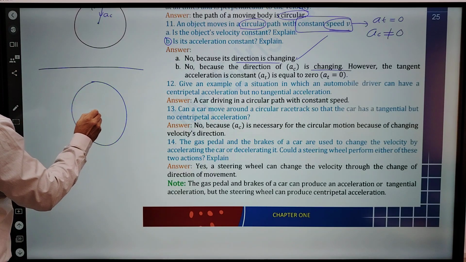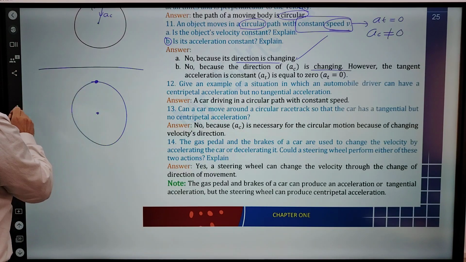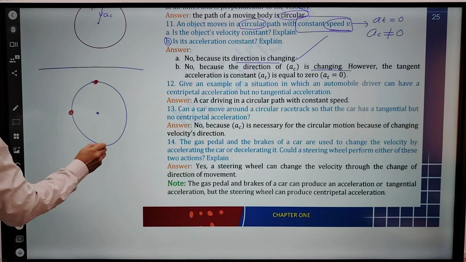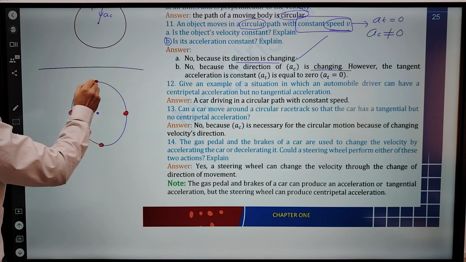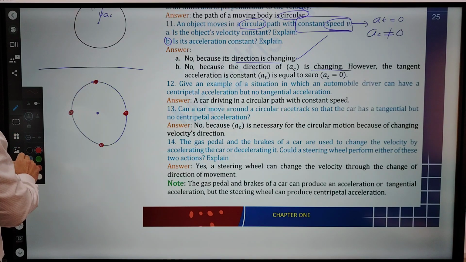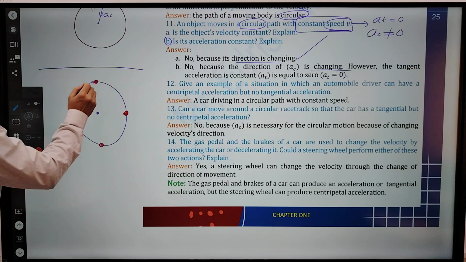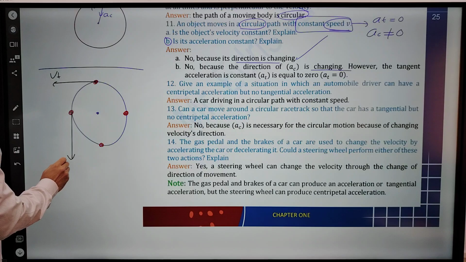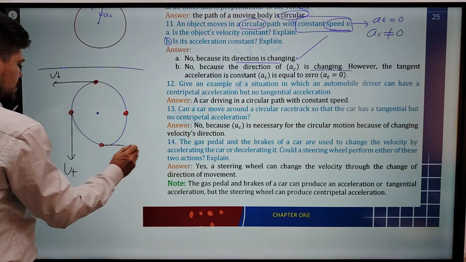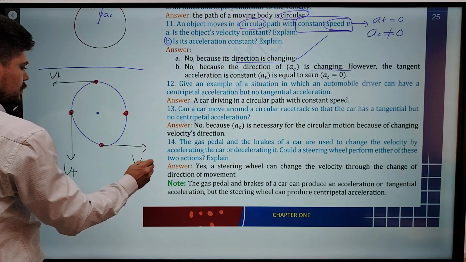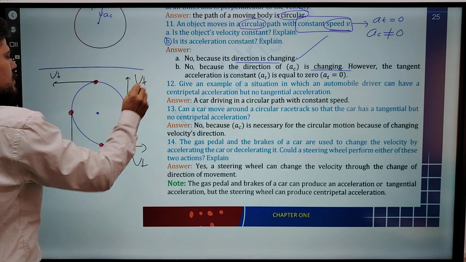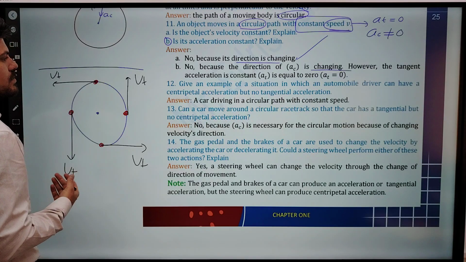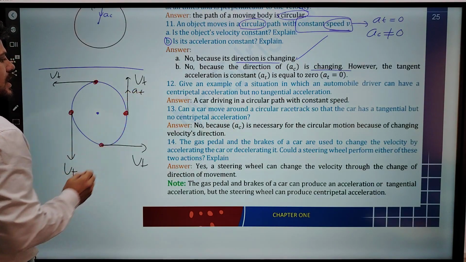Because in a circular path, at this point, as you know, the tangential velocity is pointed in this direction, and at this point pointed downward. So here to the right, here upward. This is tangential velocity. If the object has varying speed, the object also has tangential acceleration.